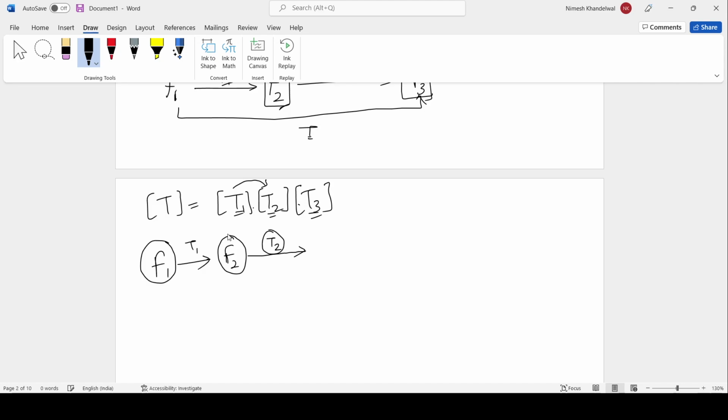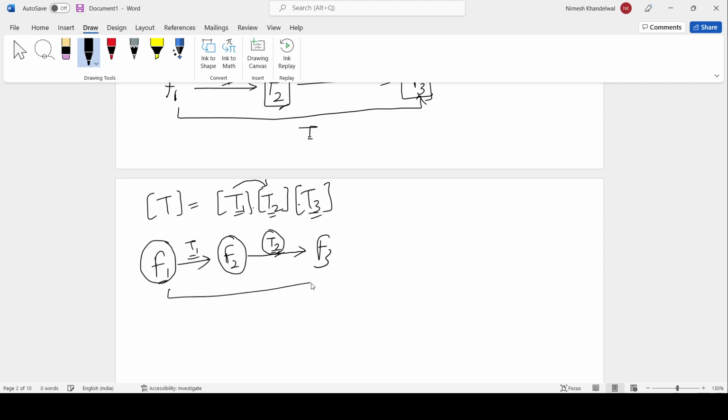I rotate by an angle alpha I about the x-axis of F1, and then I rotate about the y-axis of the same frame F1. Now, if I say that these are just rotations, then this second rotation is not about the new axis that I get after T1. These are about the same axis as F1.